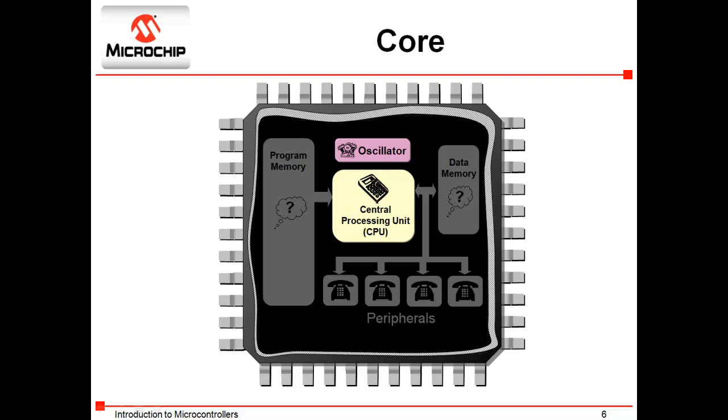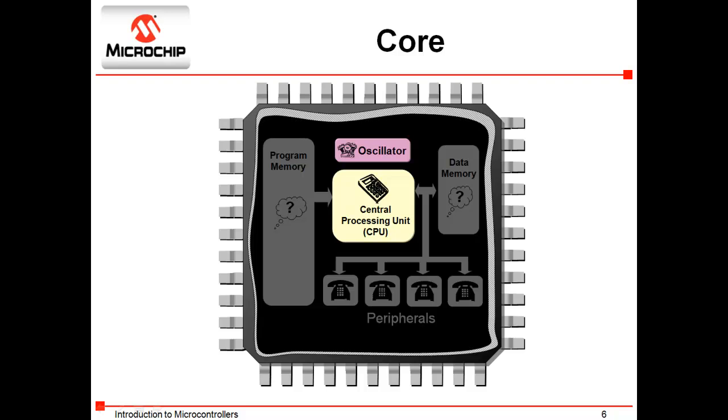Any input received or output transmitted from the microcontroller on its pins are under the control of software instructions written by you, the user, and stored into program memory that tell the CPU how to use this information, or how to think. Also note the oscillator shown here. This component can be thought of as the engine for the MCU, that is the clock source used by the entire system. Here, the oscillator is shown as an integrated part of the chip.